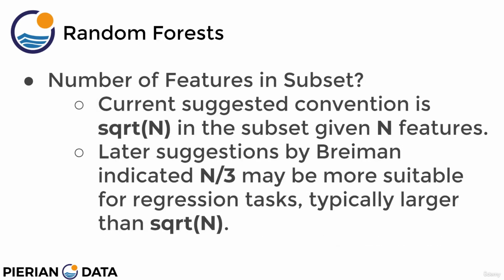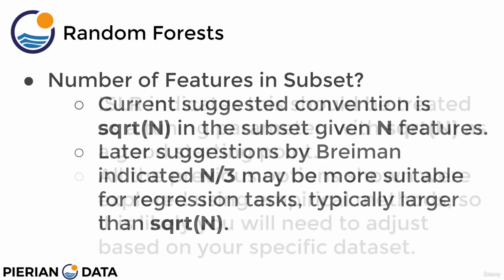This means that based off the supervised learning task we're trying to complete, whether it's regression or classification, we may want to adjust our default value for the number of features in the subset. We should note that the current suggested convention is to choose square root of n in the subset given n features. And later suggestions and publications by Breiman indicated that n divided by 3 may be more suitable for regression tasks, which ends up being typically larger than square root of n.